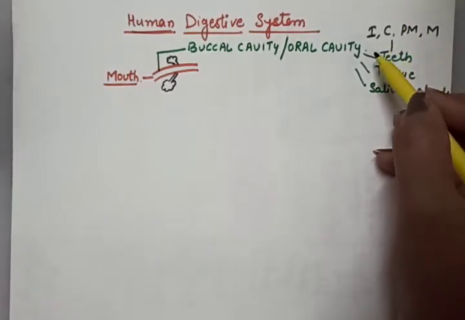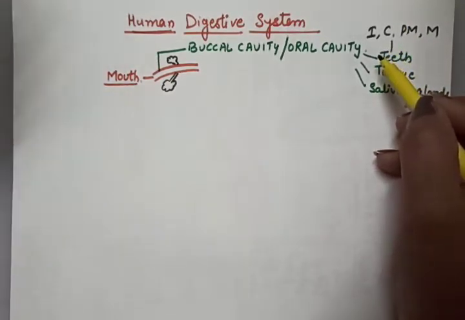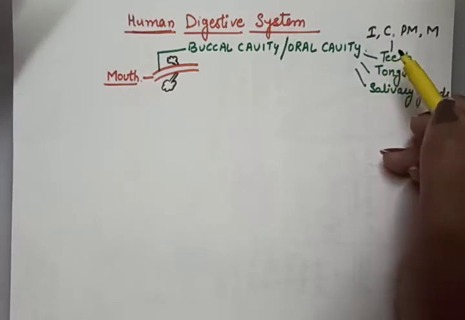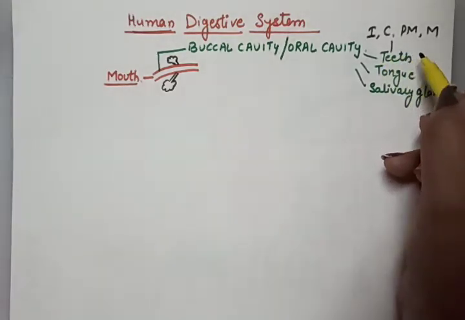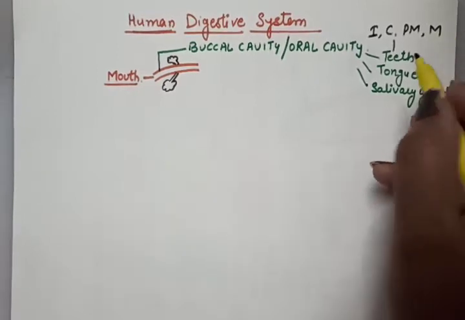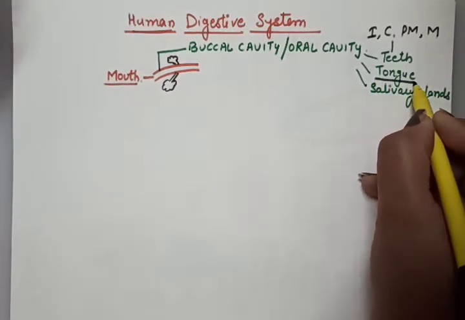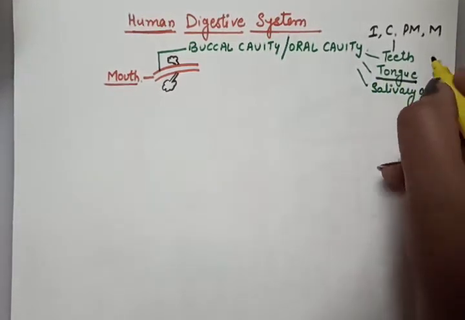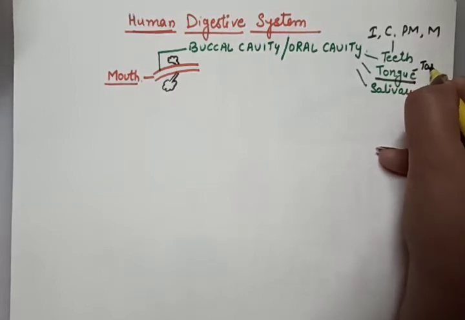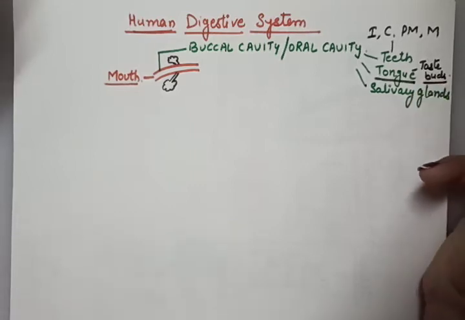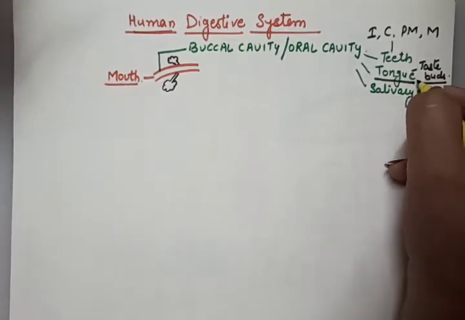They help in grinding, chewing, crushing of the food particles. That is the function of the teeth. Okay, now the tongue is a muscular organ. It is having the taste buds that helps you to taste the food, and it also helps in mixing the food with the saliva.